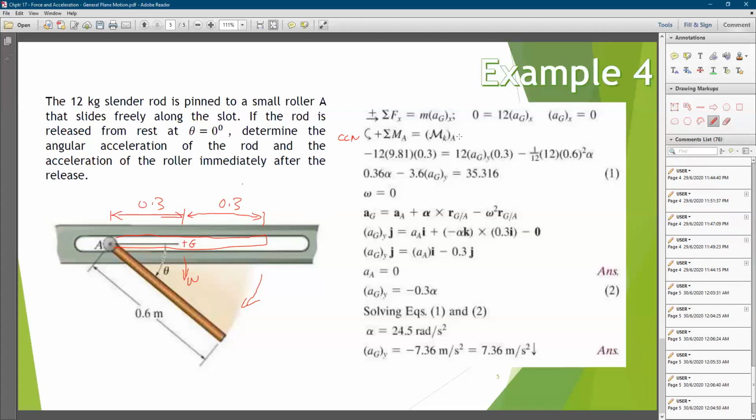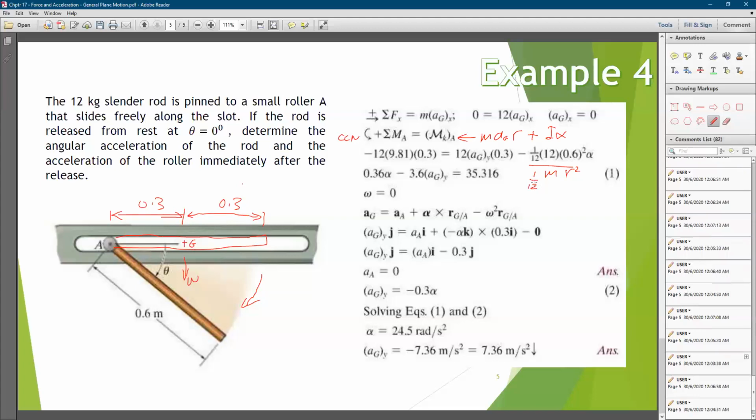On the right hand side, we have M AG times r, plus I_G alpha. Here our I is 1 over 12 M r squared, times alpha.